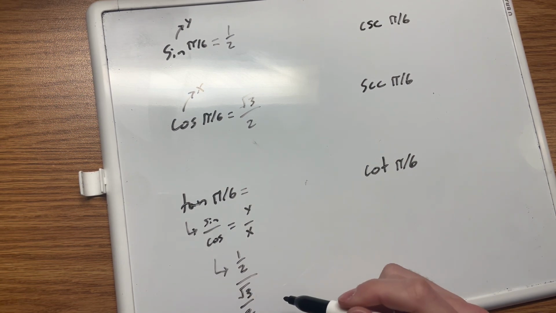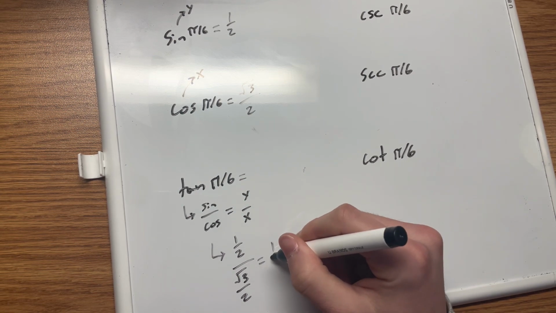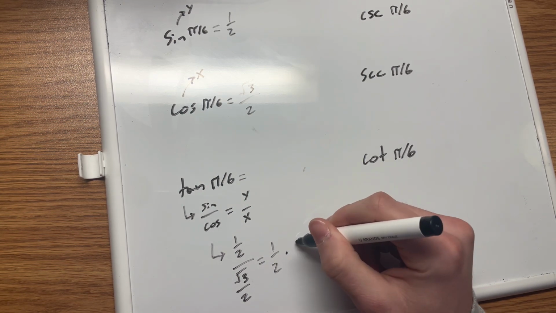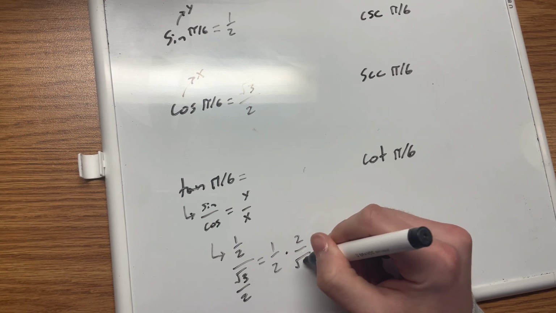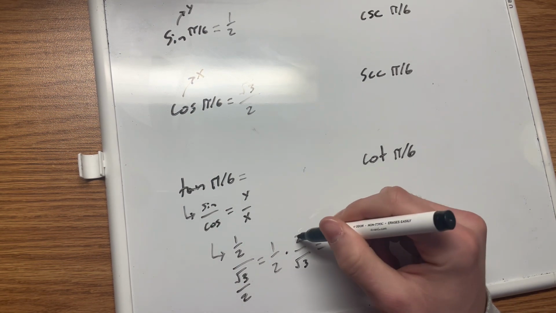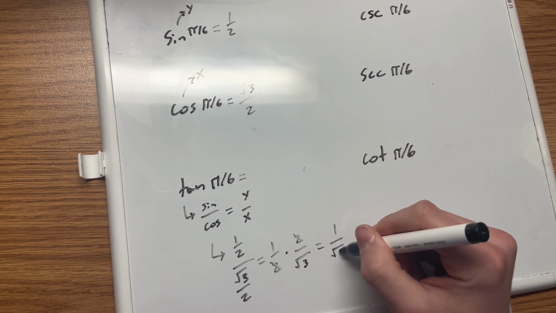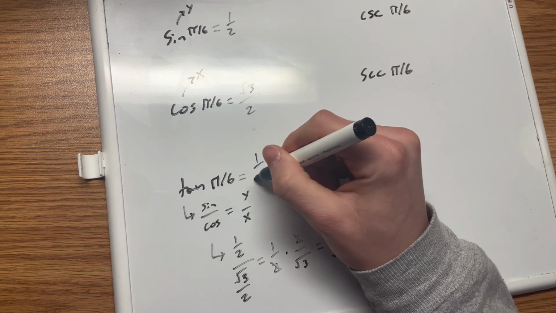And when you divide by a fraction, it's the same as multiplying by the reciprocal. So we just have 1/2 times 2 over √3, and our 2's will cancel out. So now we're left with 1 over √3 as our tangent.